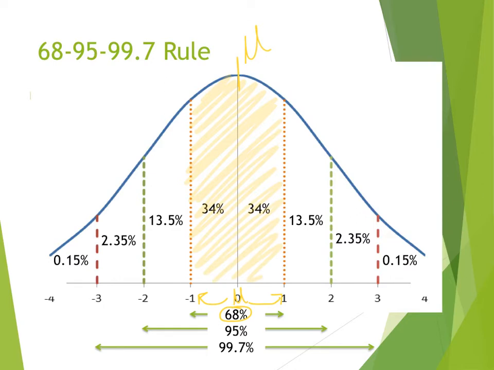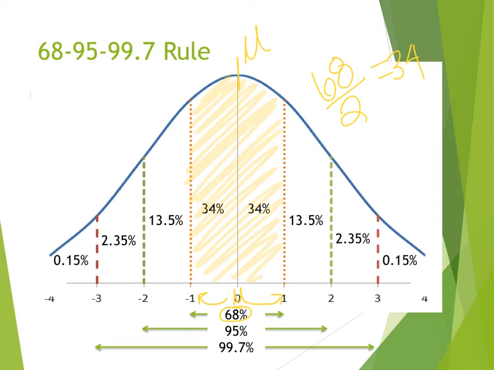Now, where did this 34 and 34 come from? Well, if this is a normal curve and we do 68 divided by 2, because it is symmetric, then we get that 34 for each of those pieces. And then you go 2 standard deviations out.